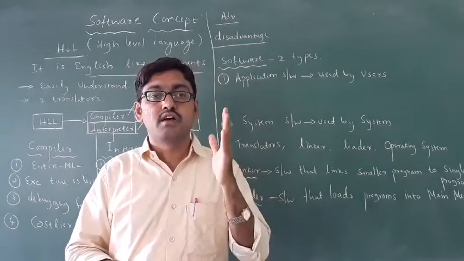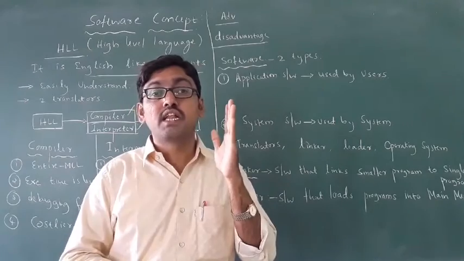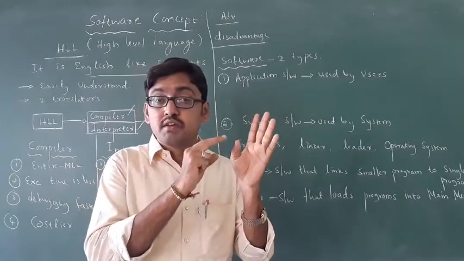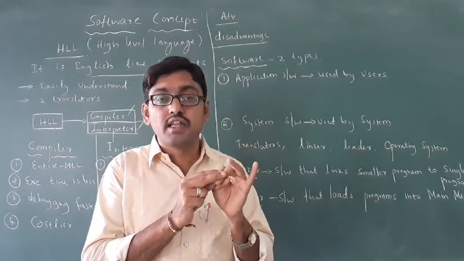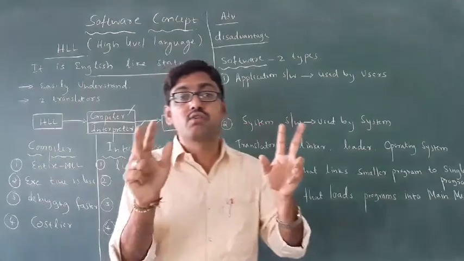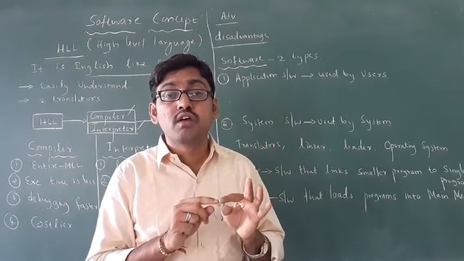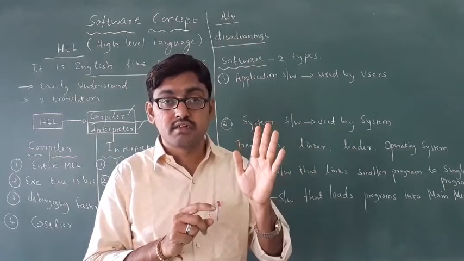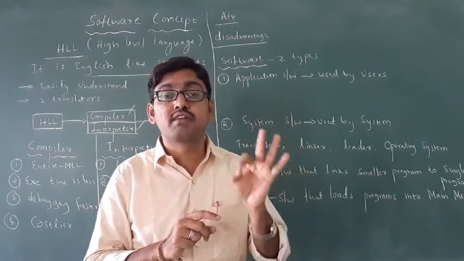How many languages have you studied? See, you have to study about 3 languages. One is machine level language, then assembly level language, then high level language. You have to remember all 3. In machine level language we cannot use any translator, but in assembly level language you have to use an assembler as a translator. But in a high level language we have to use compiler and interpreter as a translator.